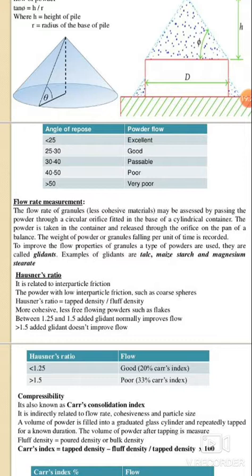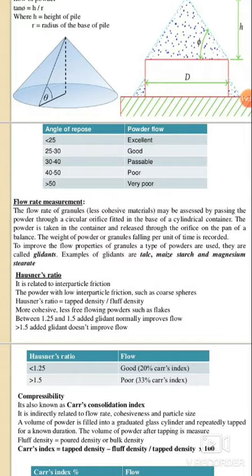At one point the glidant is saturated in the powder, and then the angle of repose value increases again. If the angle of repose value is less than 25 in this tan theta equals h by r process, you can determine the angle of repose theta.